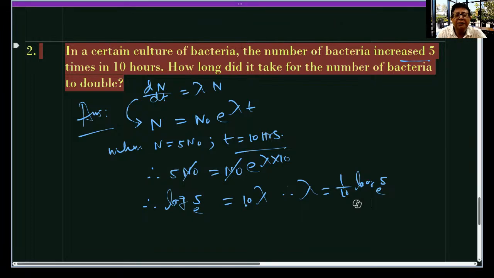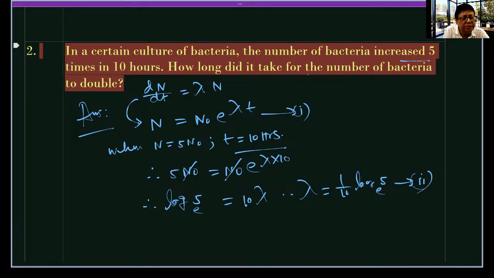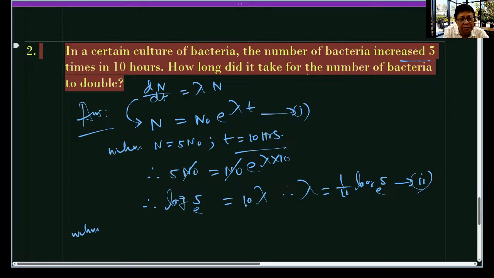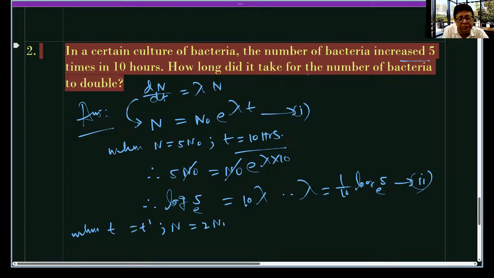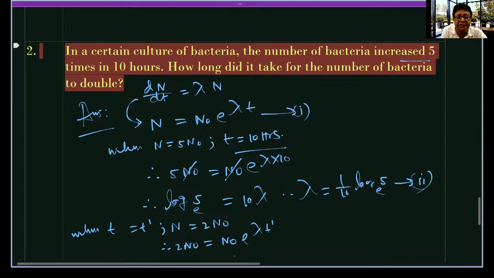Wait. Now let's see how long it will take for the number of bacteria to double. This was number 1, this is number 2. When t equals t dash, let N equal 2N0. We will be using the same equation. So 2N0 equals N0 e^(λt').